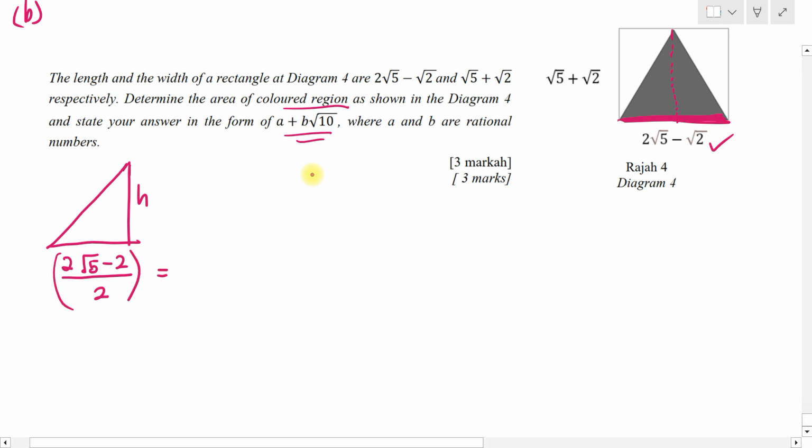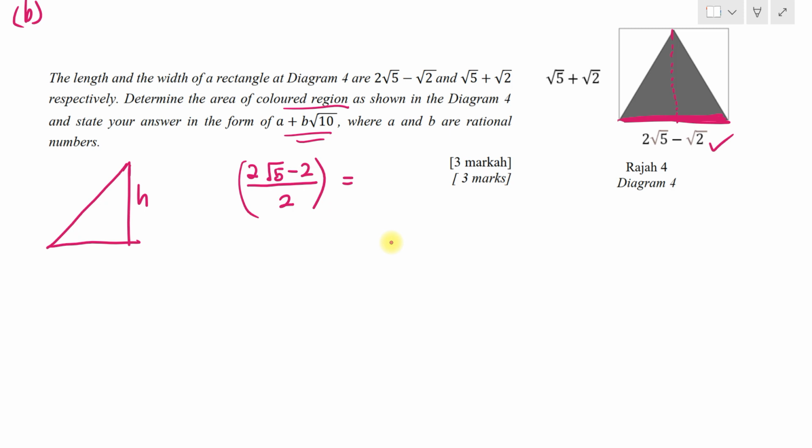Okay, which you get what? Maybe I do this separately. So the 2 will cut both places. If you don't understand this, just remember you can factorize the top part and then 2 cut.